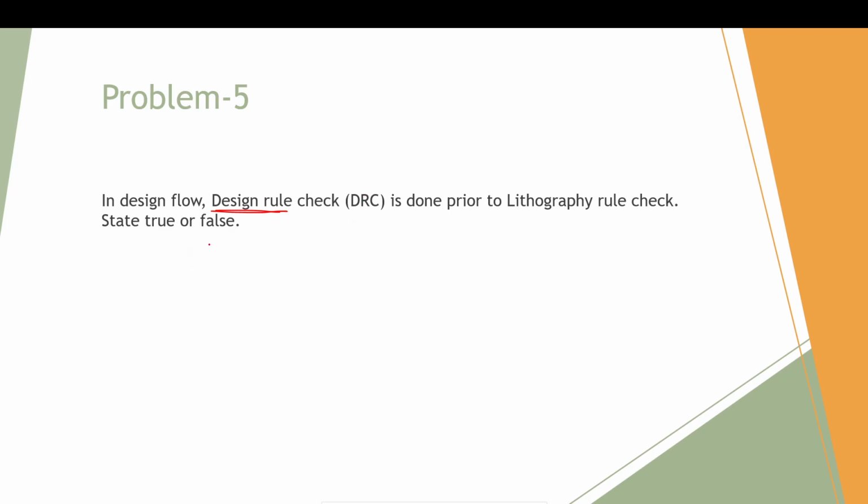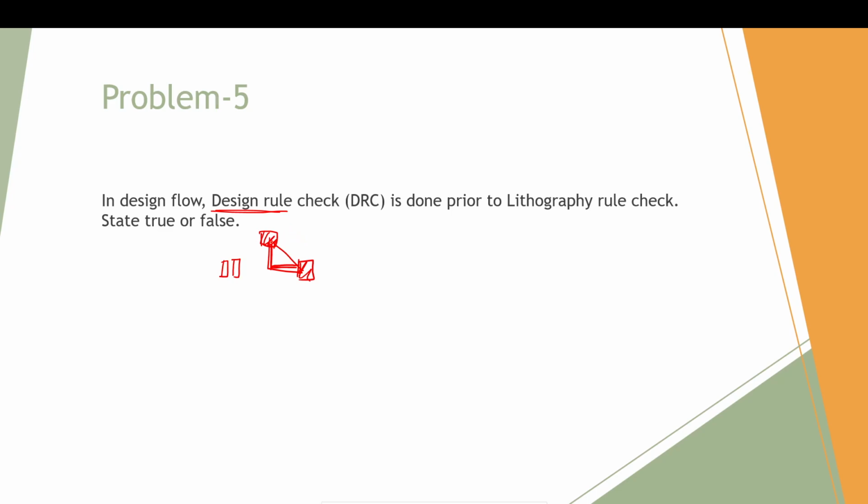Say the critical dimension they will give. So if the spacing of my metal spacing or design spacing is within the critical dimensions, they will also give some angles. If my interconnects are at 90-degree angles, say I had a metal pad here, I had a metal pad here, I wanted to connect these two, I can either connect them like this, or like this. So there are specific rules regarding all these things.